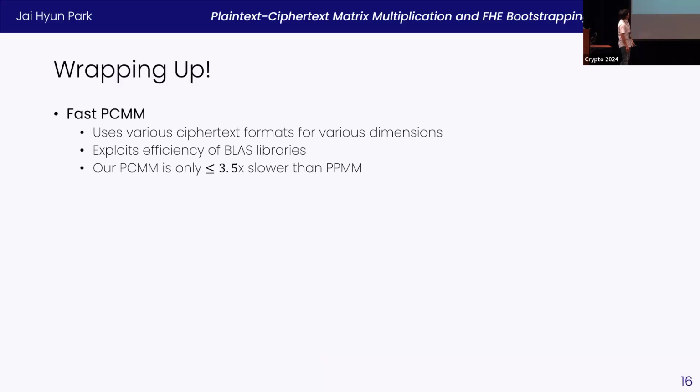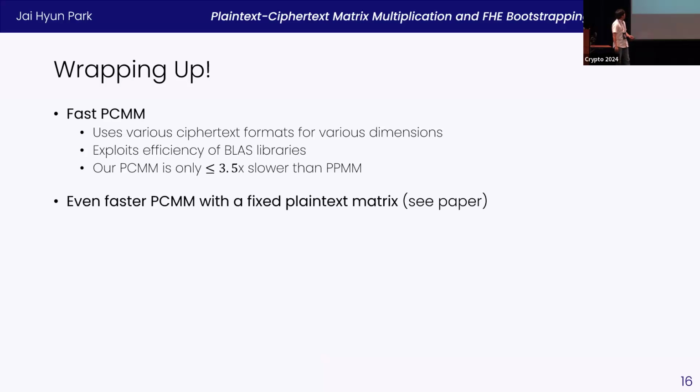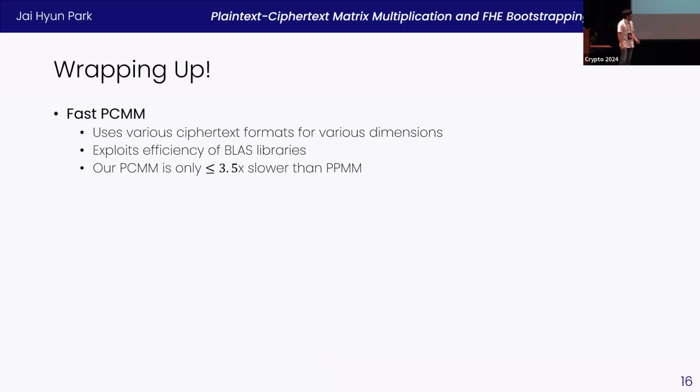So let me wrap up. We suggest fast methods for PCMM, and we address various dimensional matrices by using various formats of ciphertext. We exploit BLAS libraries to do that. Our PCMM is less than 3.5 times slower for large matrices.